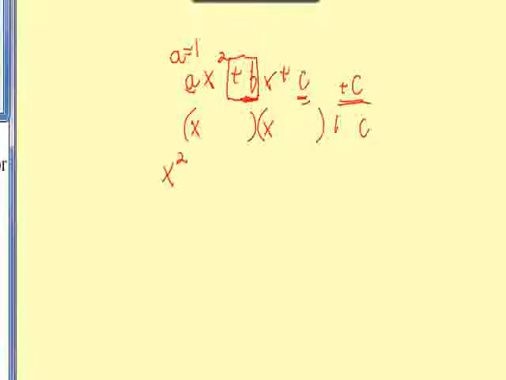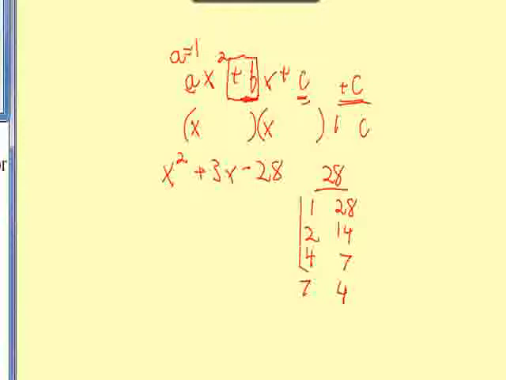Now you have to factor out the last term, the 28. 1 times 28 is 28. 2 times 14 is 28. 3 doesn't work because 3 times nothing is 28. 4 times 7. 5, it doesn't end in a 5 or a 0, so we can't use that. 6, nope. 7 times 4 equals 28.